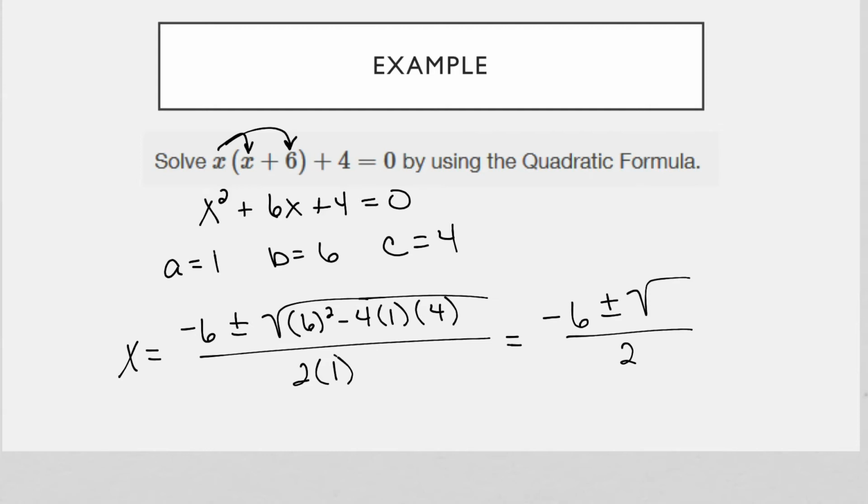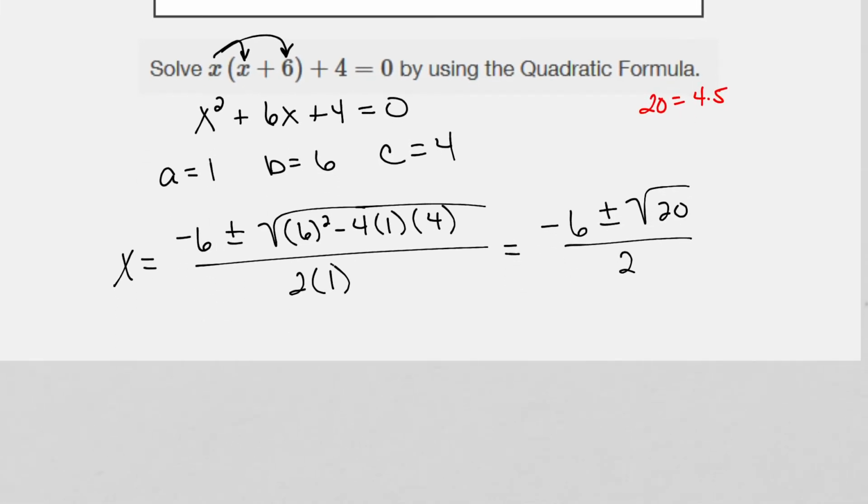Minus 4, open parenthesis, 1, close parenthesis, open parenthesis, 4, close parenthesis. And I get 20. And remember, 20 can be written as 4 times 5, because I can easily take the square root of 4, okay? So my next line will say negative 6 plus or minus 2 square roots of 5 all over 2.